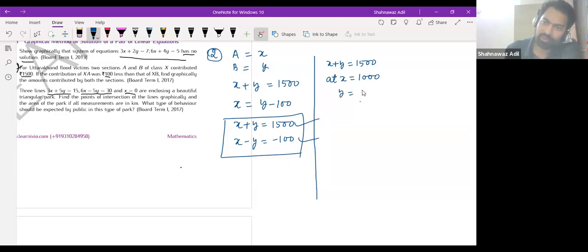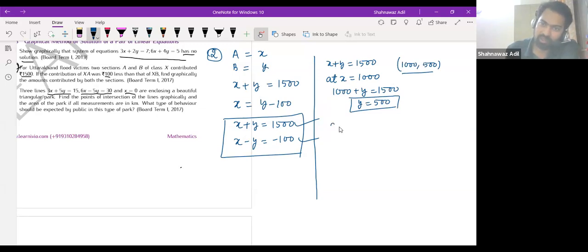So 1000 plus Y, because I have taken X to be 1000, equals 1500. So Y is 1500 minus 1000, which is 500. So this is the coordinate point that I have, 1000 comma 500. This is one point, and we have to find the other point.